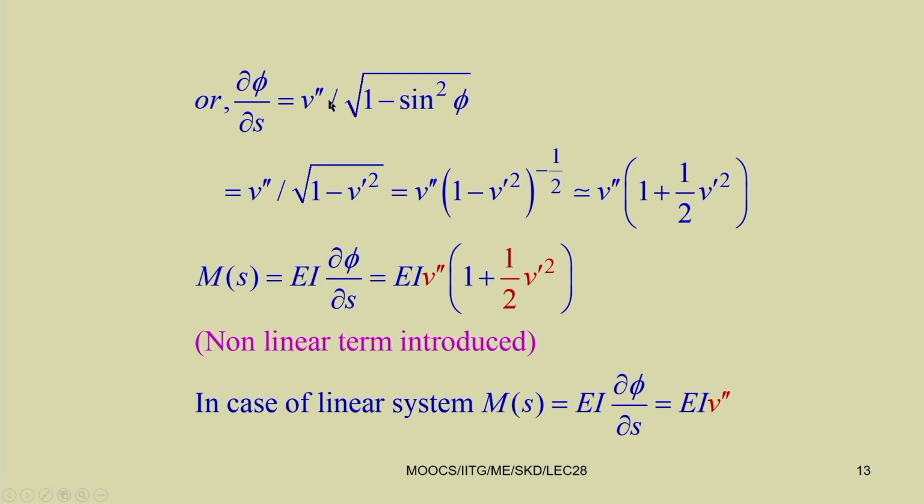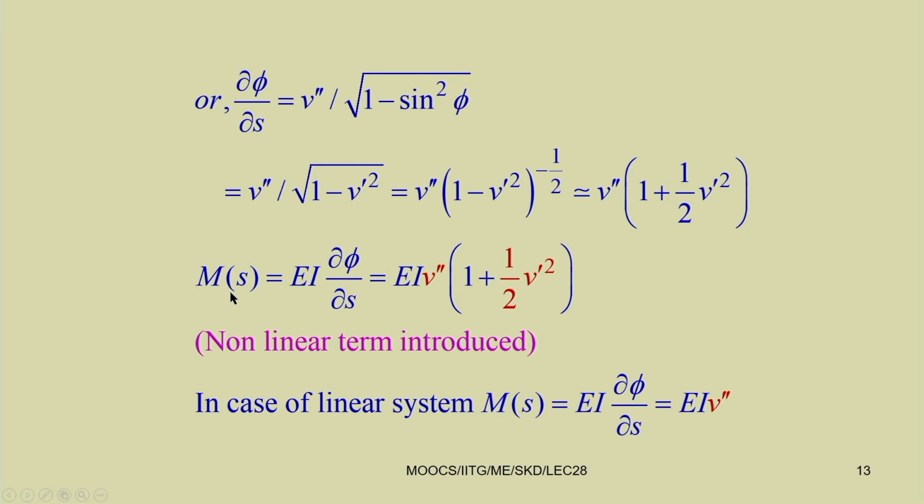Sin phi we already know as v dash, and for the cos phi we can write 1 minus sin square phi. So, this becomes v double dash by root over 1 minus v dash square, that is v double dash into 1 minus v dash square to the power minus half. So, this is equal to v double dash into 1 plus half v dash square. So, you have expanded this thing binomially.